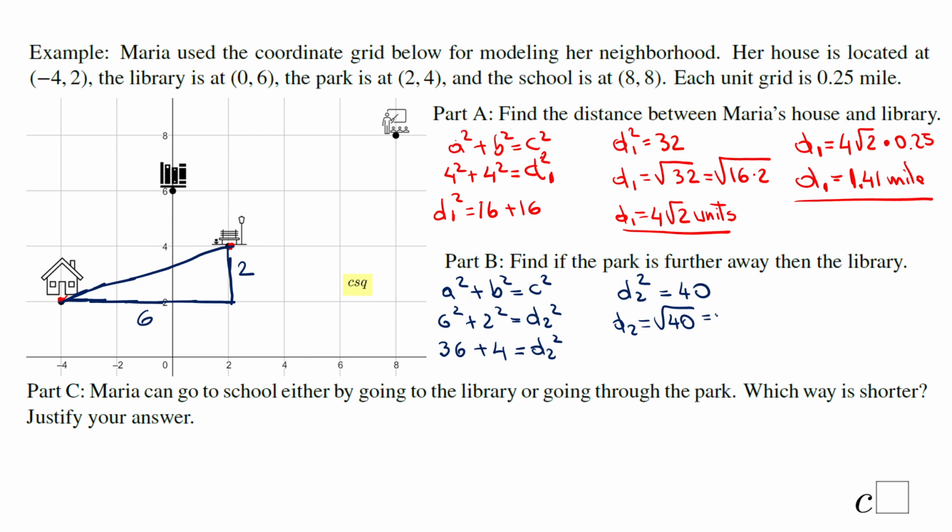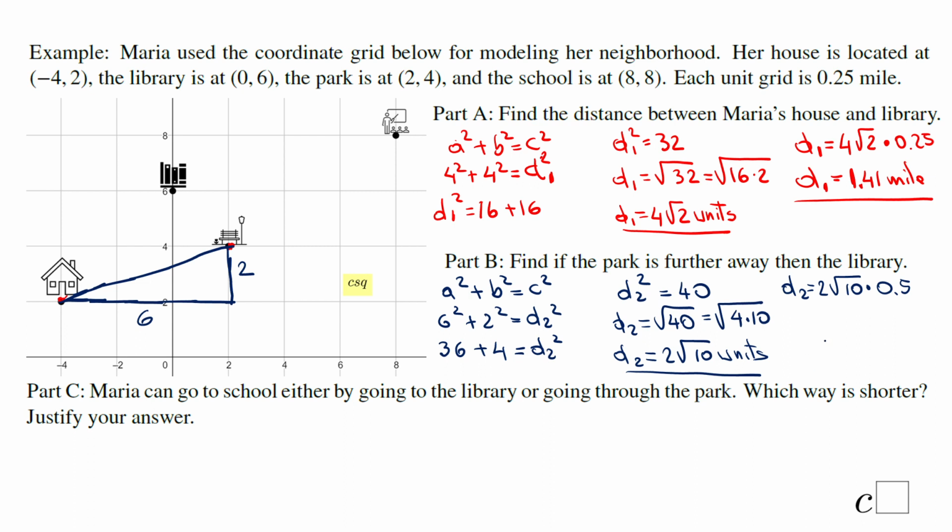Of course, that is 4 times 10, and that will be 2 square root of 10. But this one, again, like the previous part, means units, which is a good answer, but we want to find the distance. So d2 will be 2 square root of 10 times the same 0.25, how much 1 unit is.